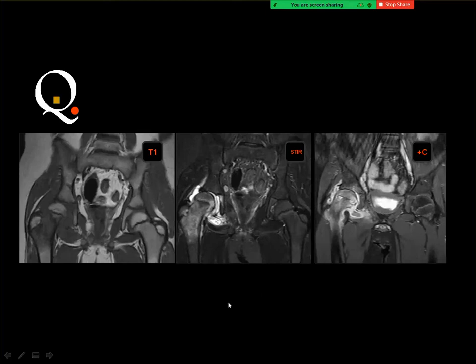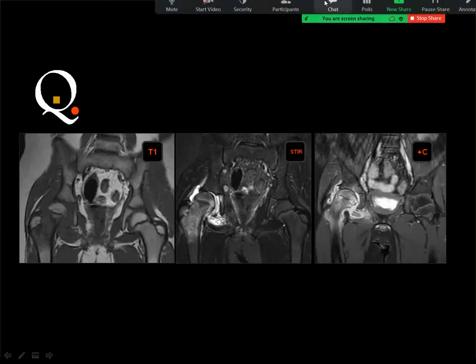This is a child also. You see the capital femoral epiphysis is not yet united with the metaphysis. And in the T1 STIR and post contrast, you got some low signal surrounding the hip joint and high signal in the T2 with some enhancement.